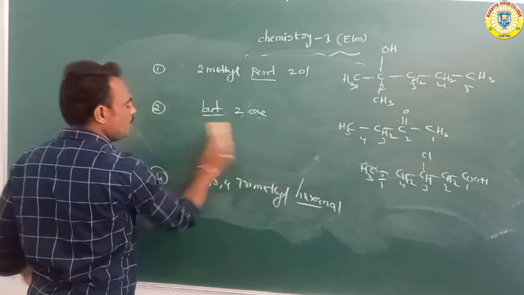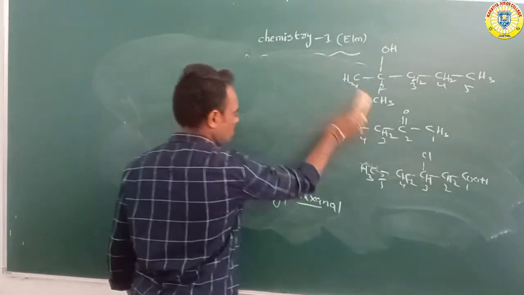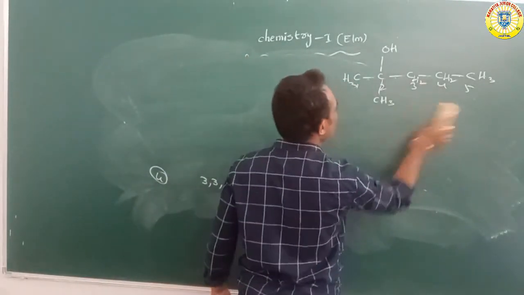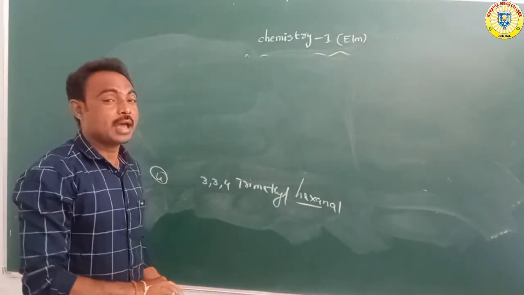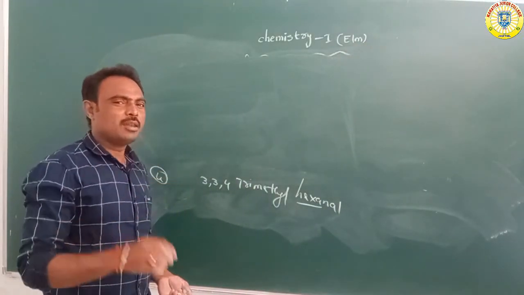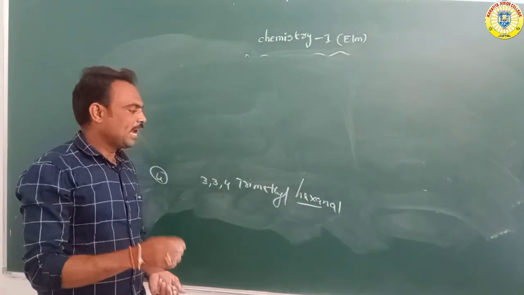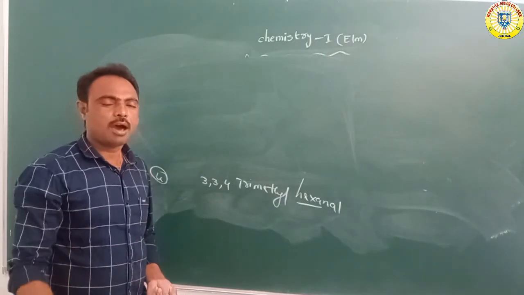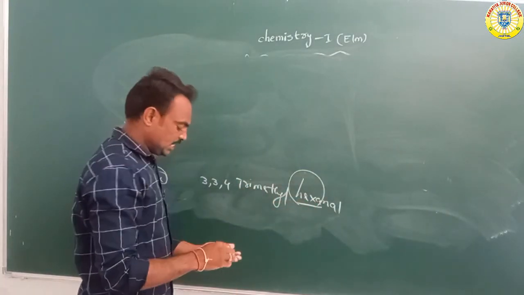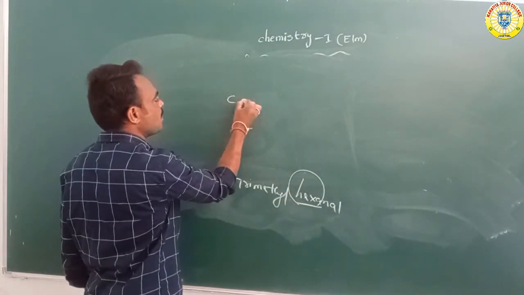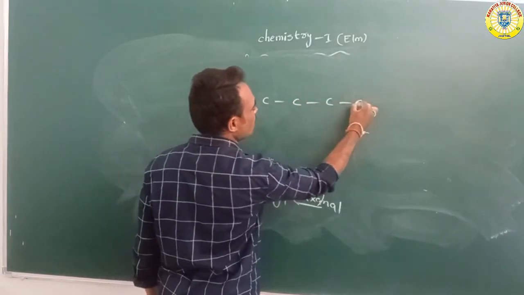So 3,4-trimethyl hexanol. Sorry, hexanol means aldehyde. So hexa means 6 carbons: carbon bond, carbon bond, carbon bond, carbon bond, carbon.